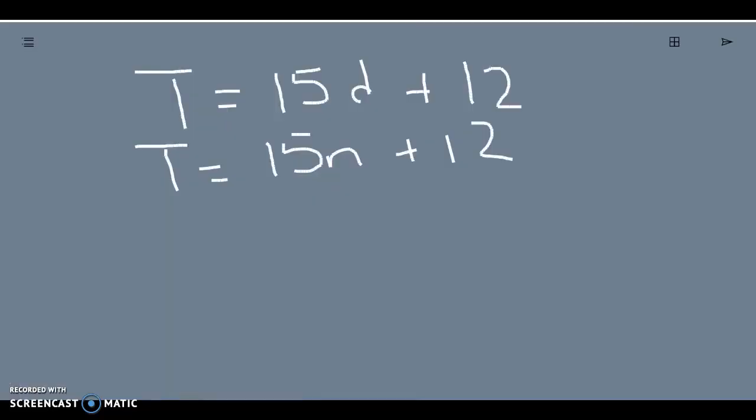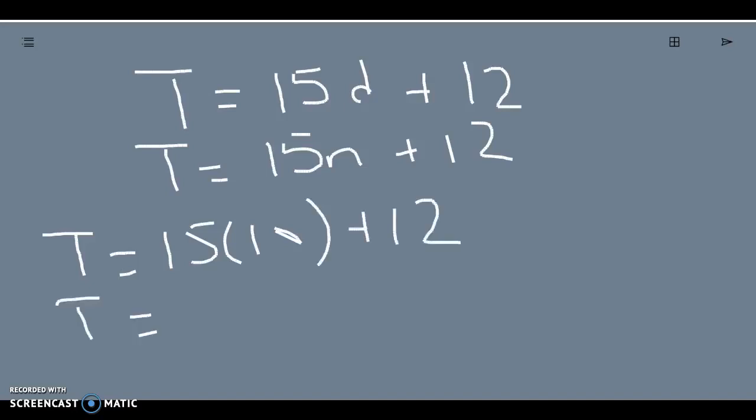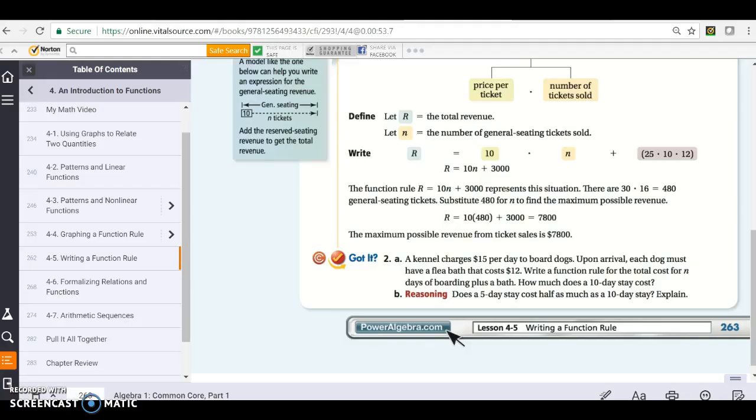So let's plug in 10 for N. So T equals 15 times 10 plus 12. So T equals 150 plus 12. This is all in dollars though, right? So I get 162. So for 10 days, it should cost $162.